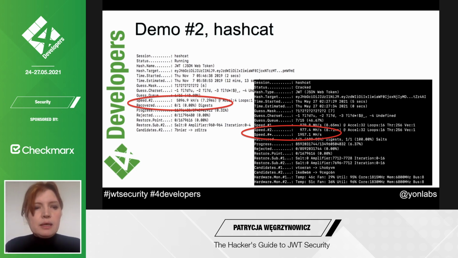You can see the comparison of efficiency of password cracking: on my local laptop it's about 5 million hashes per second, and on the GPU-powered machine it's about 2 billion hashes per second. So much faster.